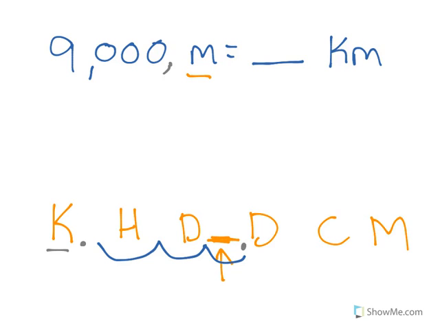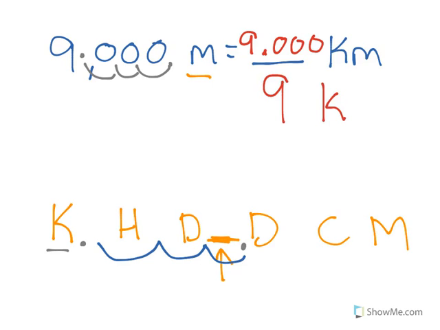That's correct, 3. So 1, 2, 3 means my decimal would go right here. So my answer would be 9.000 kilometers, or you could say 9 kilometers. So 9,000 meters is equal to 9 kilometers.